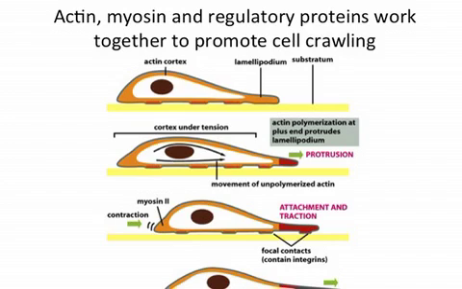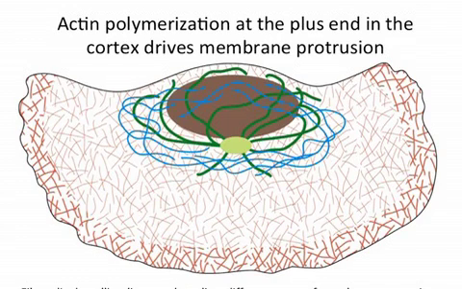And they're working with myosin back here to help bring the rear forward. So actin polymerization at the plus end drives membrane protrusion. And filopodia, lamellipodia, pseudopodia are all different types of membrane protrusions.